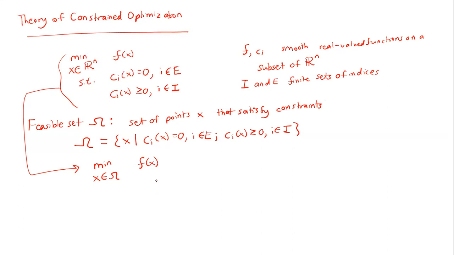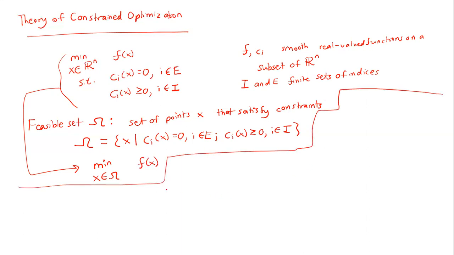Now, just like in the case where we had no constraints, we need necessary conditions and sufficient conditions so that we can better understand what kind of mathematics we're working with here, what kinds of things are true or not true about a point that is the minimizing values of the decision variables leading to the minimum value of the objective function.